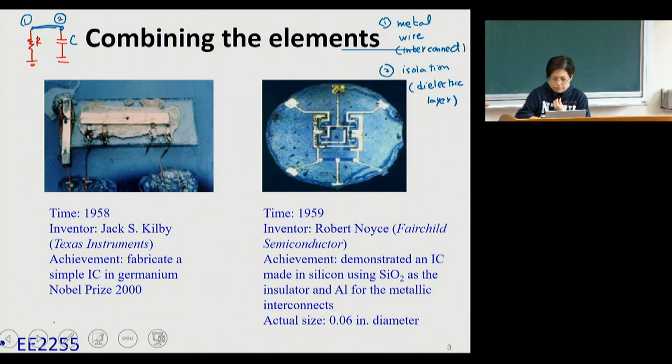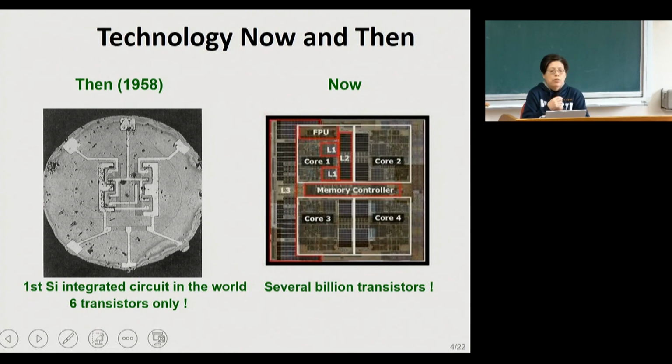So the next, if you look at the progress in technology, most people consider Robert Noyce's implementation of the integrated circuit more realistic, or closer to what is done in today's integrated circuits.